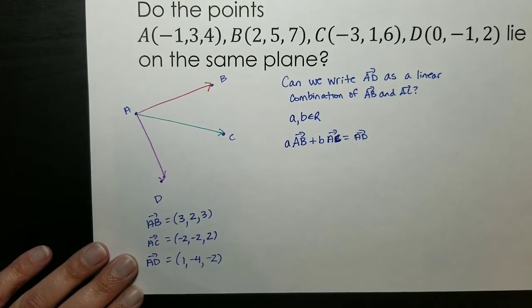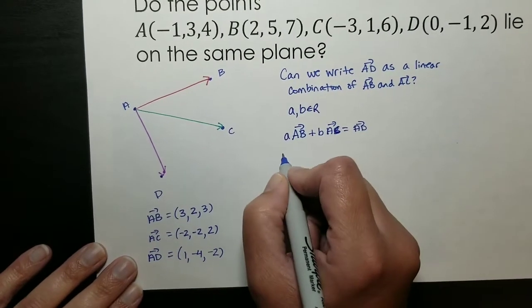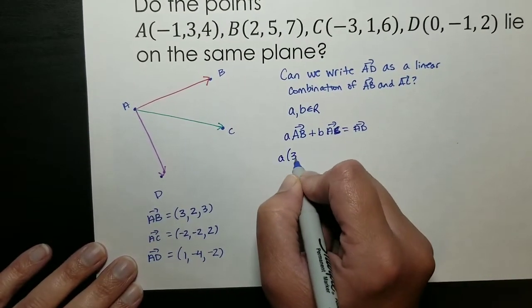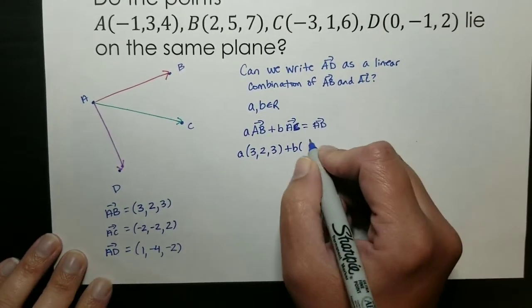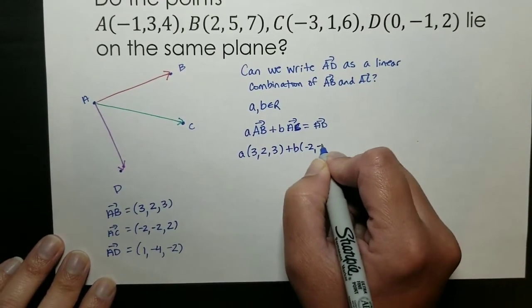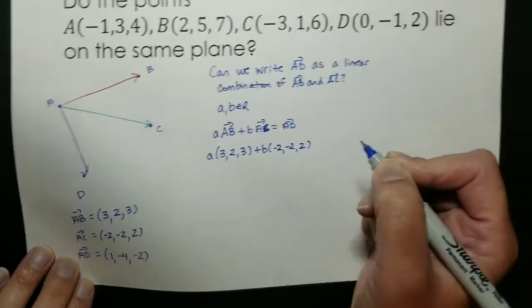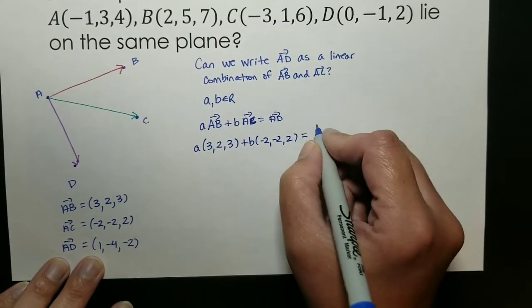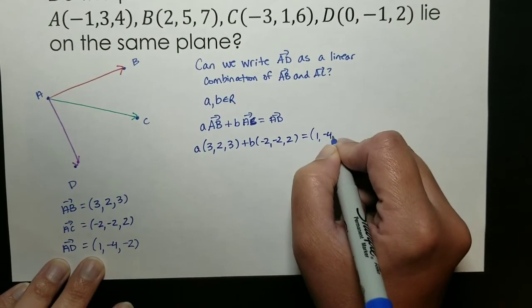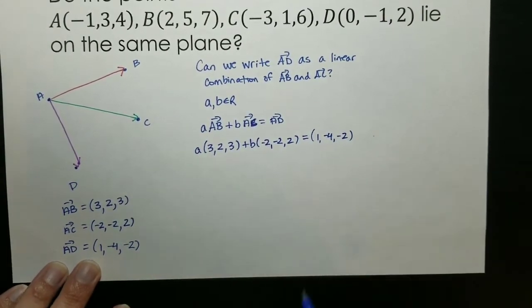Can I do that? So let's give it a try. We'll have a times (3, 2, 3) plus b times (-2, -2, 2) equals AD, which would be (1, -4, -2).